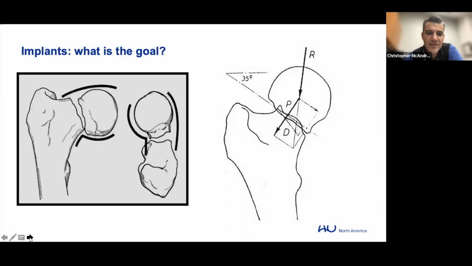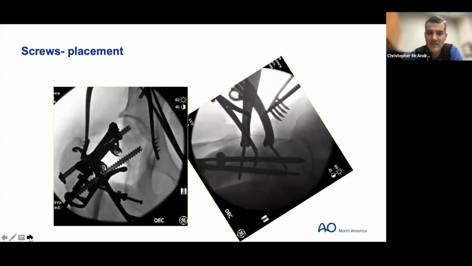If you're going to load something, you might think about compressing on that side. And if you want to strut out some comminution or maintain some length where things are going to compress, maybe some posterior fixation that's fixed to length. It's another debate we could go on and on about: do you ever use the fully threaded or something that resists length?